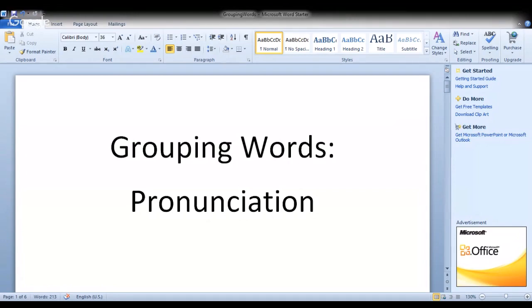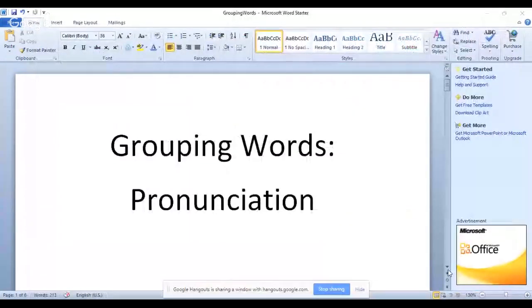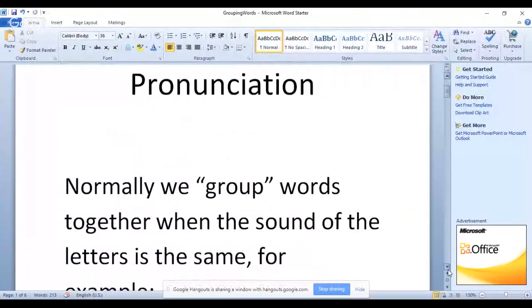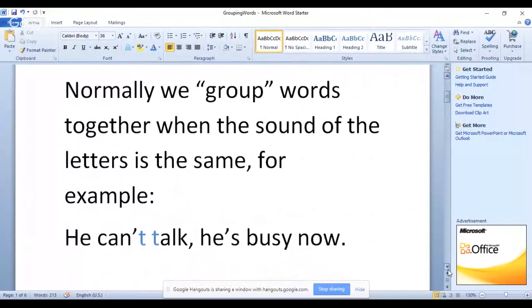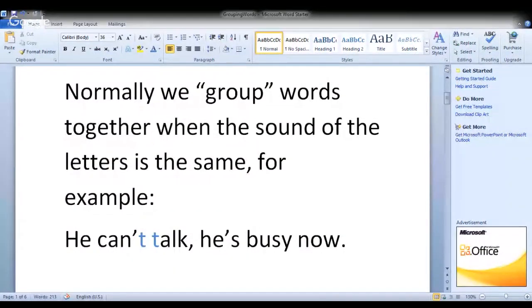So fantastic. All right. What I want to do today is go through a couple different ways in which we can group words. So I'm just going to go down. And since you're here, why don't you go ahead and read this for me, okay? Normally, we group words together when the sound of the letters is the same. For example, he can't talk, he's busy now. You said this separately.